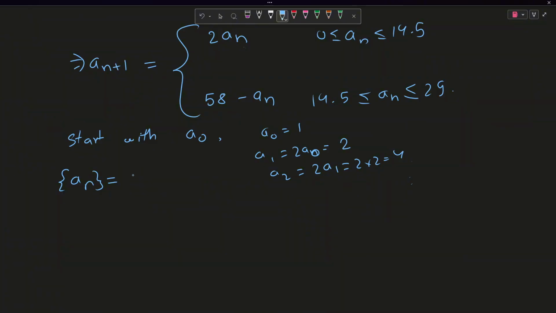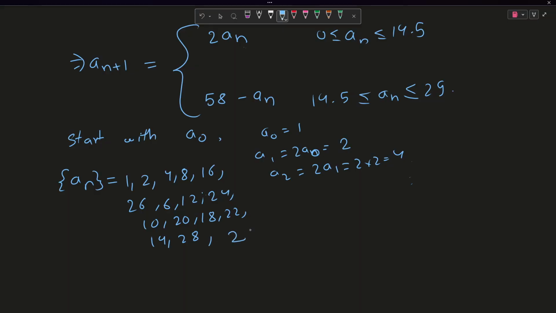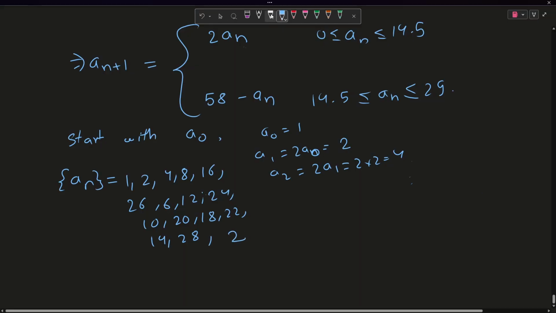If you continue on, you get the values 1, 2, 4, 8, 16, then 26, 6, 12, 24, 10, 20, 18, 22, 14, 28, and then 2. After this 2, the values just repeat. It goes 2, 4, 8, 16. So no new values are generated after this.